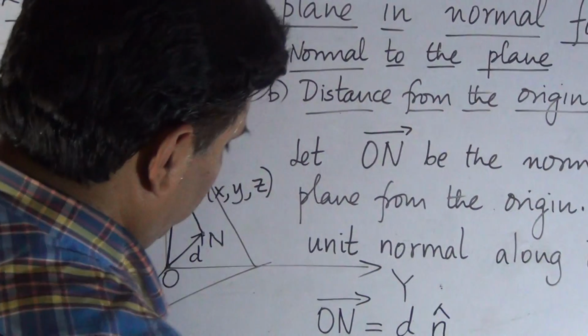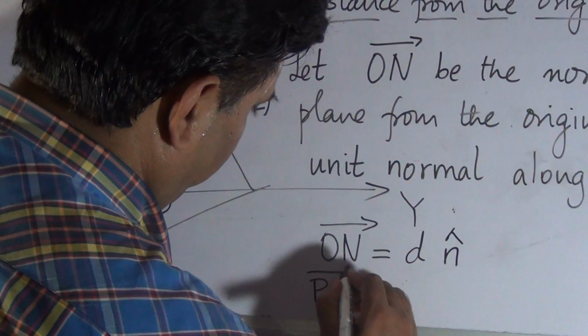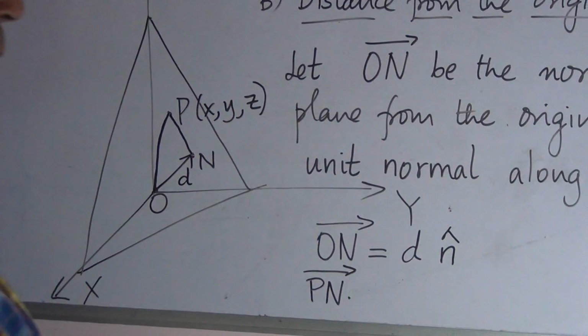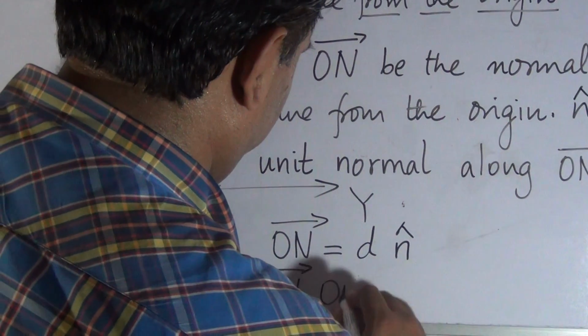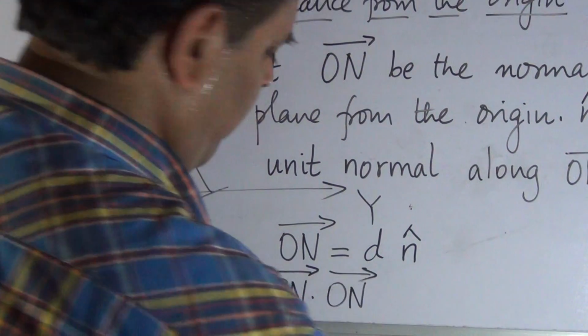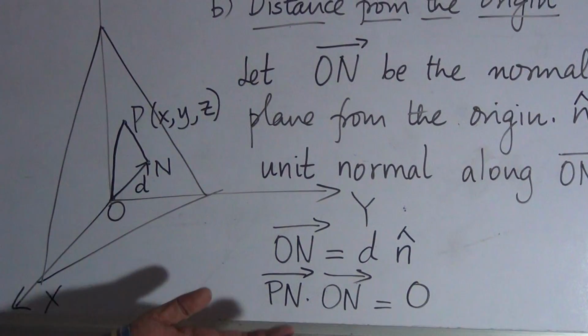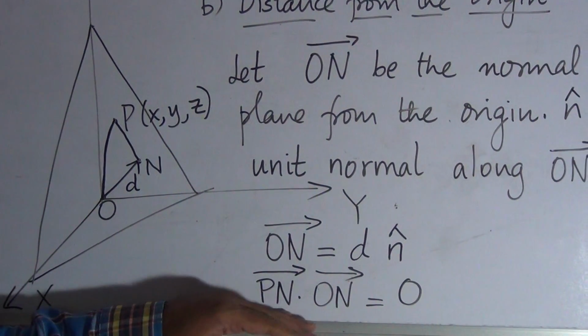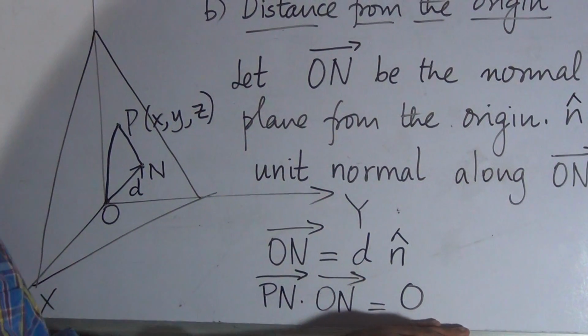PN will be perpendicular to ON. And so, what does it mean? The inner product between PN and ON will be equal to 0.